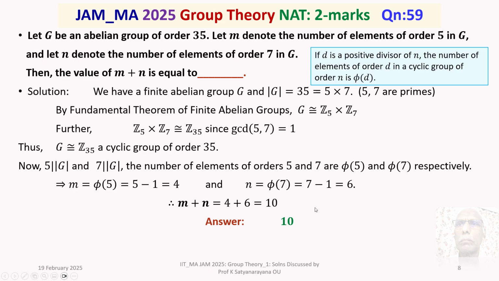Right. And your observation in these questions is you need to remember the fundamental theorem for finite abelian groups. You need to remember in a cyclic group of order n, if D is a divisor of n, how many elements of order D are there? That's the formula.